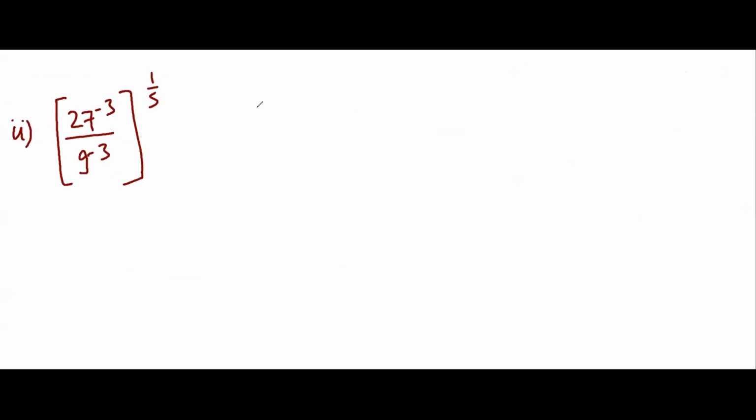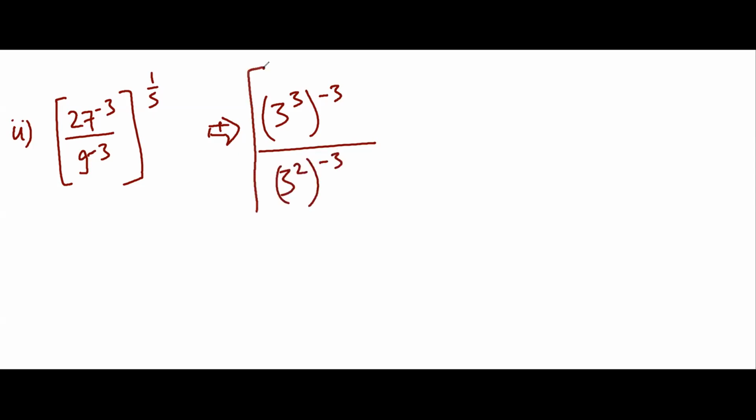Okay, so 27 I can write as 3 cube. There is a minus 3 outside. 9 I can write as 3 square, and there is a minus 3 outside, and there is a 1 by 5 which is looking at everything inside. Okay, this I can write as 3 raised to power minus 9.